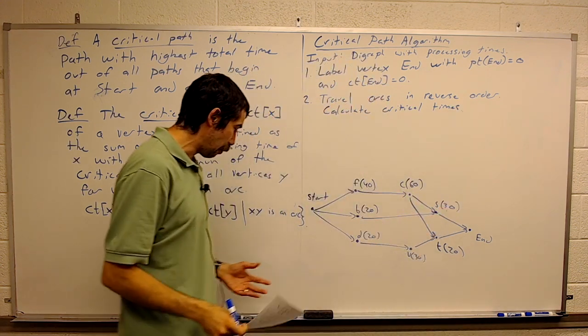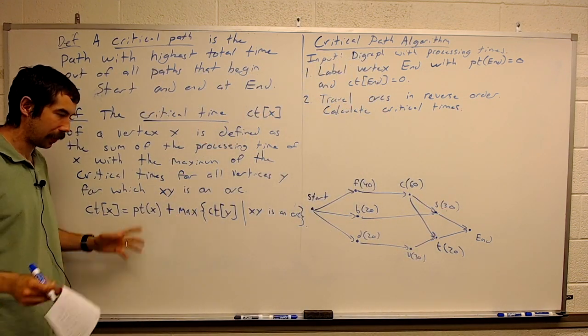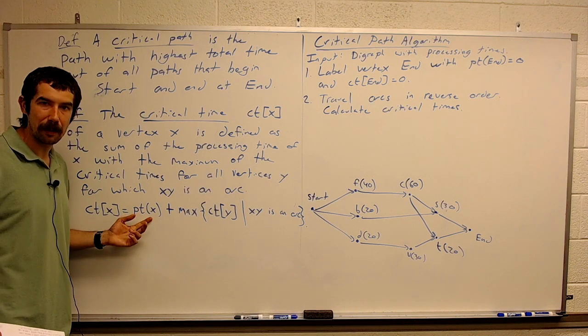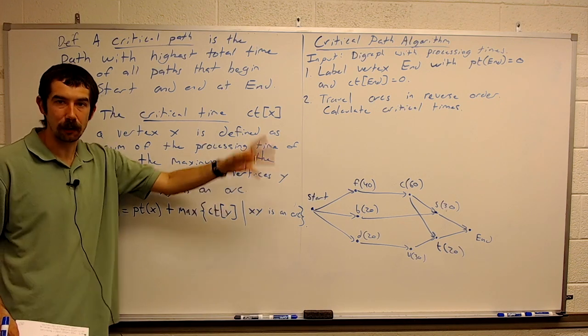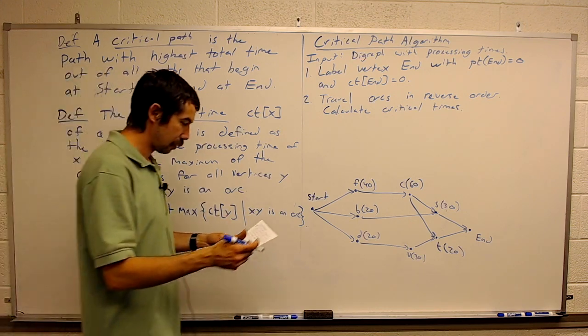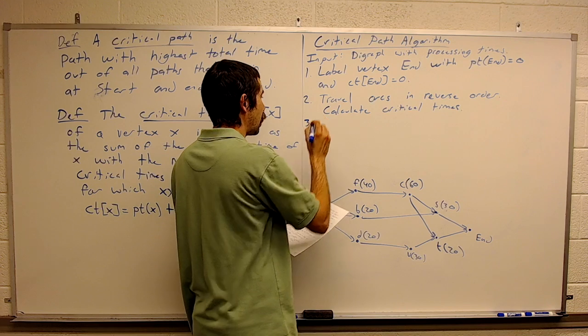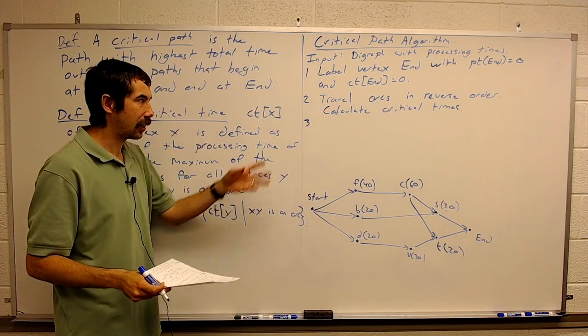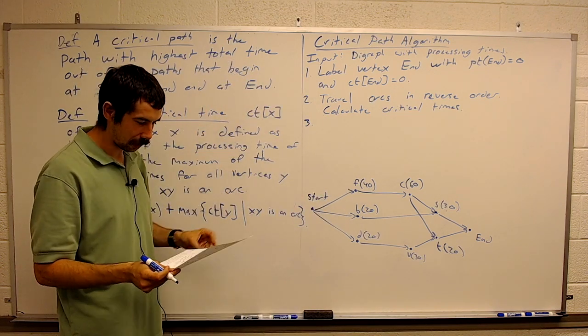All right, I know it looks intimidating with this max of a set, but it's literally just the processing time of the vertex plus the maximum of the critical times that we've already found for the vertices that we're pointing at. Okay? Once we do that, we're basically done. So that's the hard part, if you want to call it the hard part.